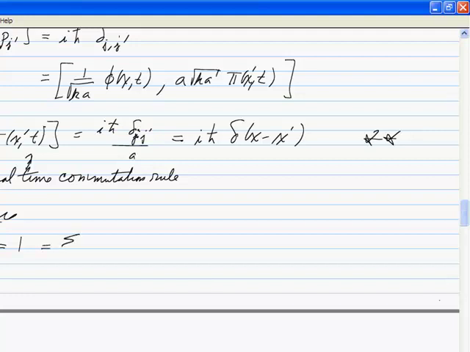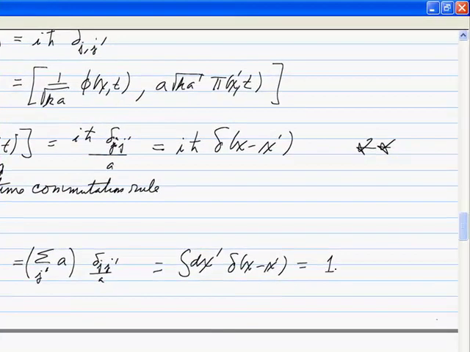If I write this as the sum over j prime of a delta j j prime over a, we already saw that this first guy in the continuum limit has the correspondence as integral dx. And so the second guy had better have the correspondence x minus x prime, because that's something that we want to be equal to 1.